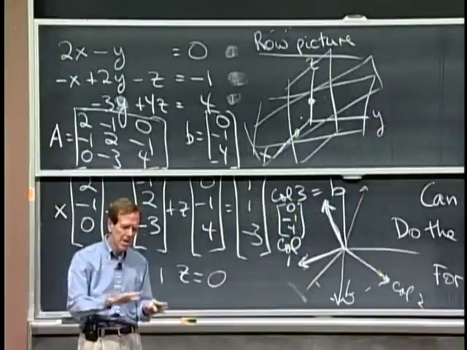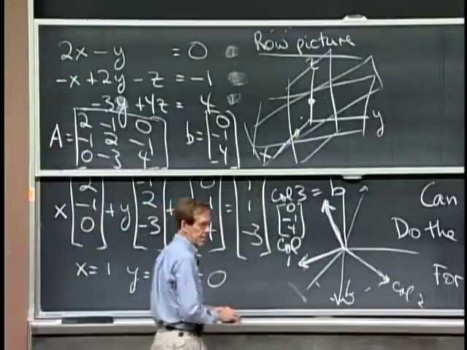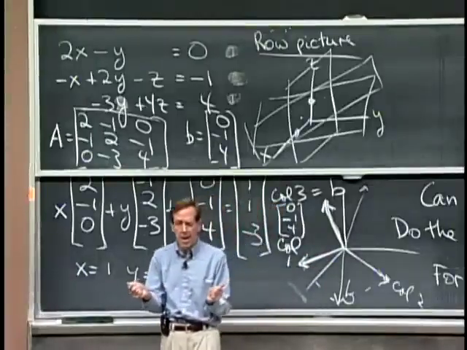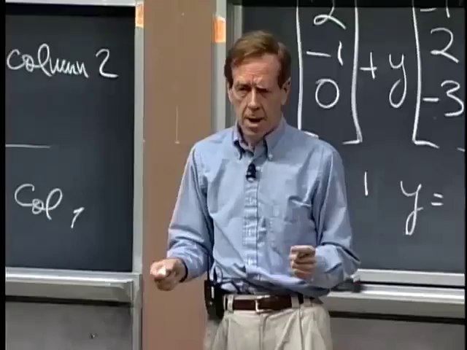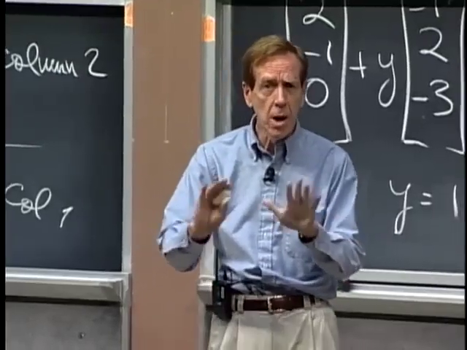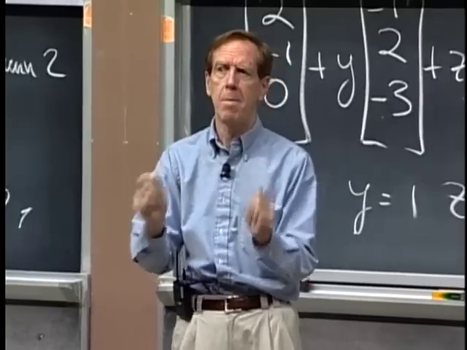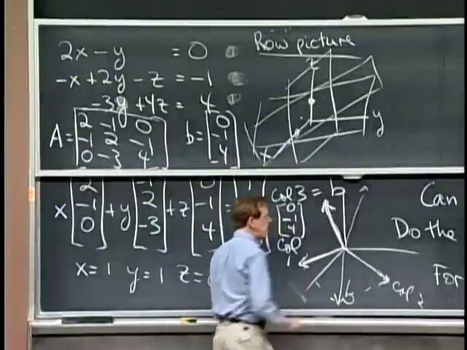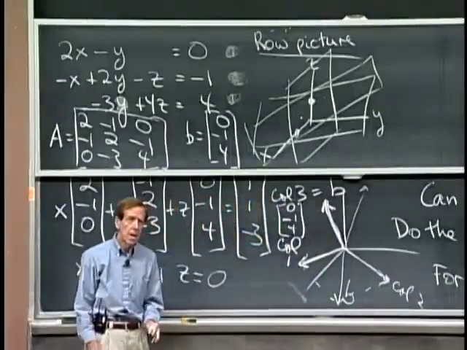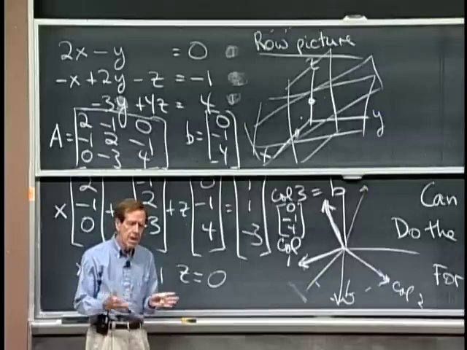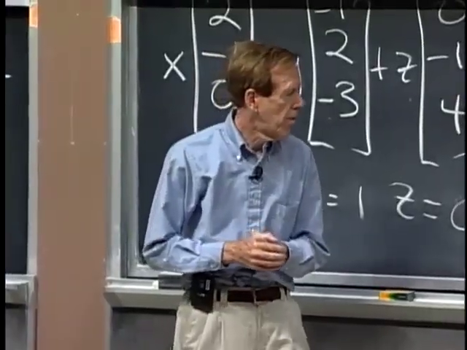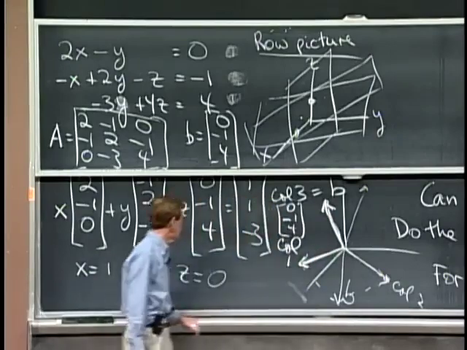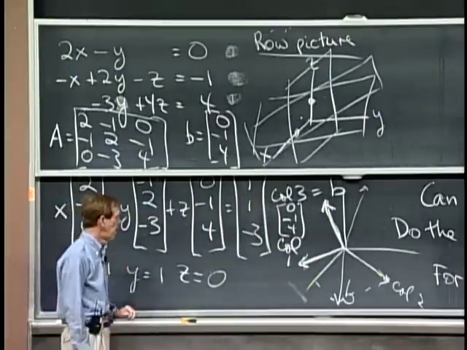Do you see that the combinations, let me say when it goes wrong. If these 3 columns all lie in the same plane, then their combinations will lie in that same plane. So then we're in trouble. If the 3 columns of my matrix, if those 3 vectors happen to lie in the same plane, for example, if column 3 is just the sum of column 1 and column 2, I would be in trouble.